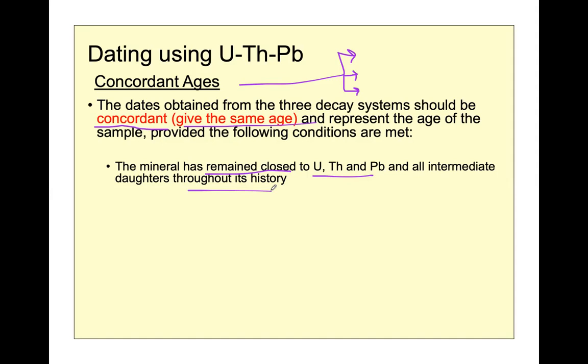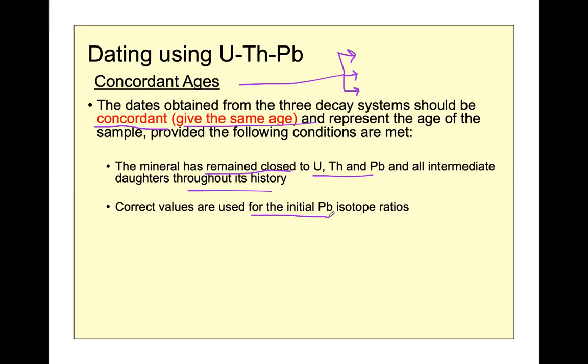So that is one assumption. And we have to use a correct initial lead isotope ratio. That is also important, so that we can solve for the T term in the equation, because the initial composition is unknown and the time T is unknown, right?